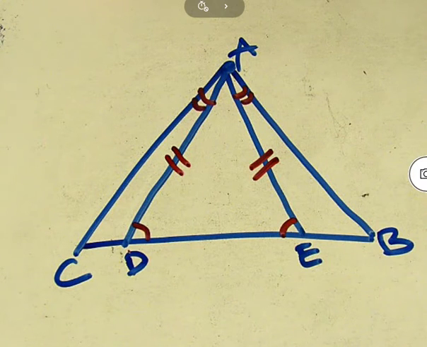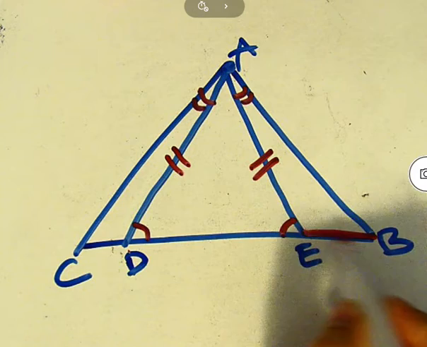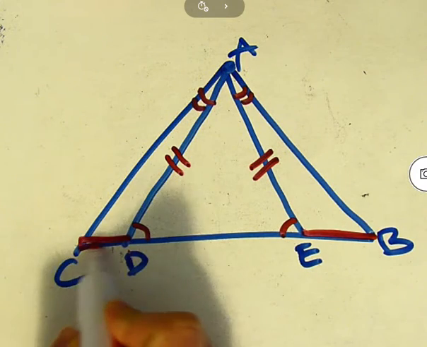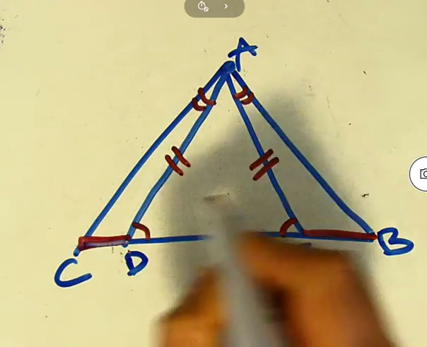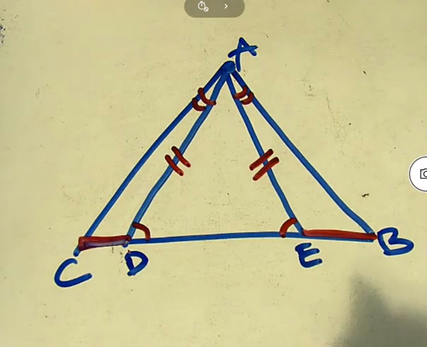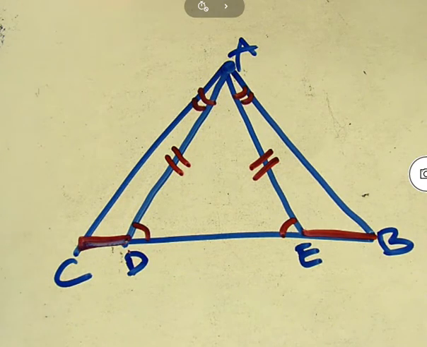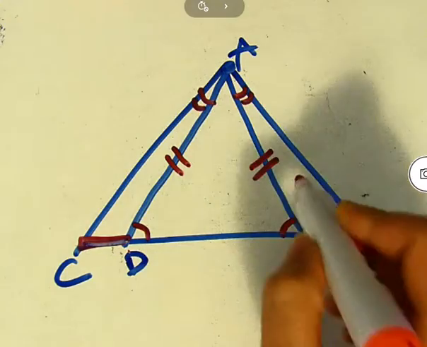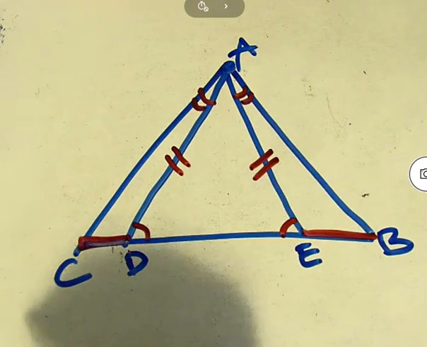Now, what we're trying to prove is that these 2 segments down here, EB, is congruent to DC. And if I can make sure that these 2 triangles are congruent, I can go ahead and say that by CPCTC, these 2 segments must be congruent. So far, what I have in these 2 triangles is an angle and a side.